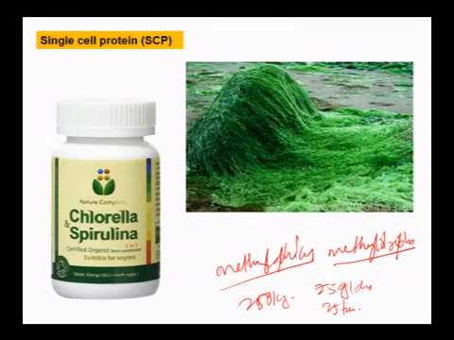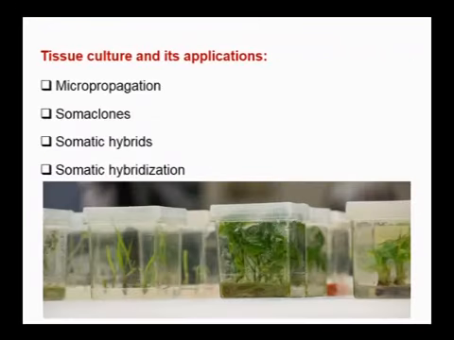Hence, single cell protein has a benefit over the normal methods of protein production. The substrates used for single cell protein include sewage, sawdust and also potato waste produced in potato industries.